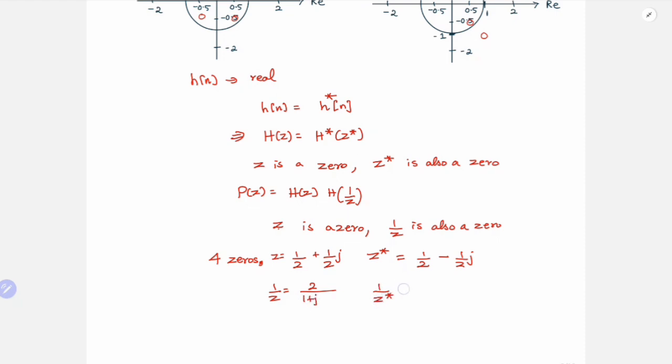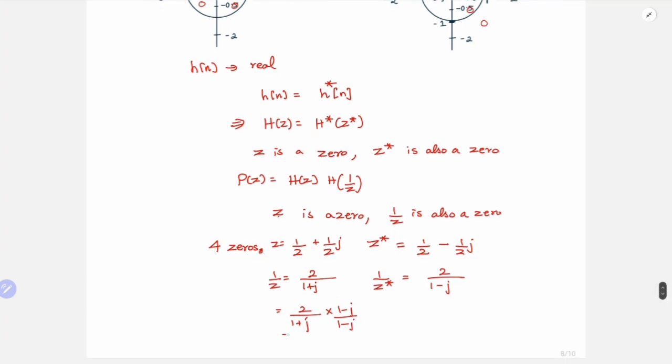And 1 by z star also will be a zero, which is 2 by 1 minus j. So 2 by 1 plus j, how will you write it? You multiply and divide by 1 minus j. So we'll get 2 into 1 minus j by 1 square plus 1 square, which is 2. So this is 1 minus j. And 1 by z star will be the conjugate of this, which is 1 plus j. So these are your 4 locations.